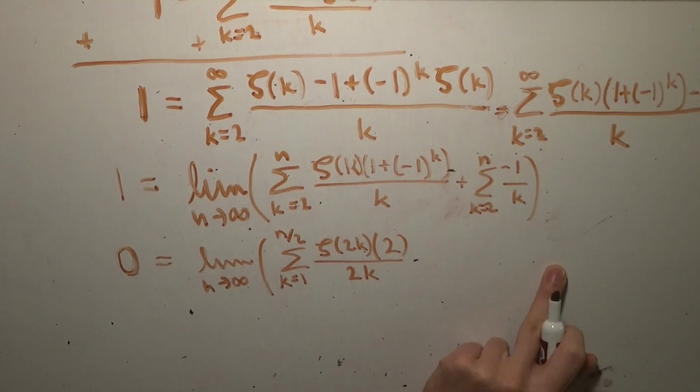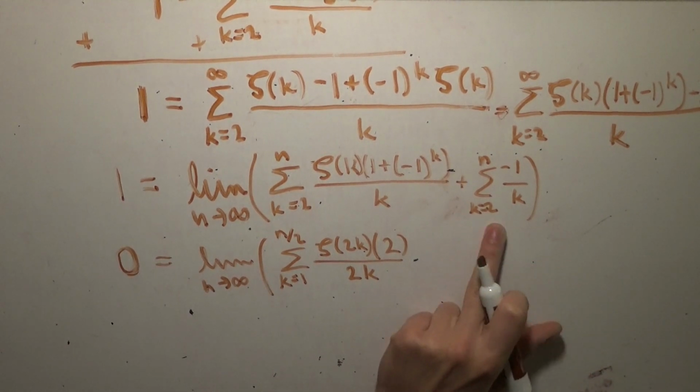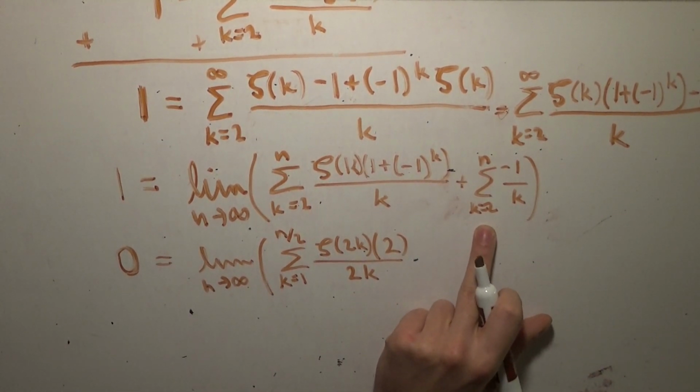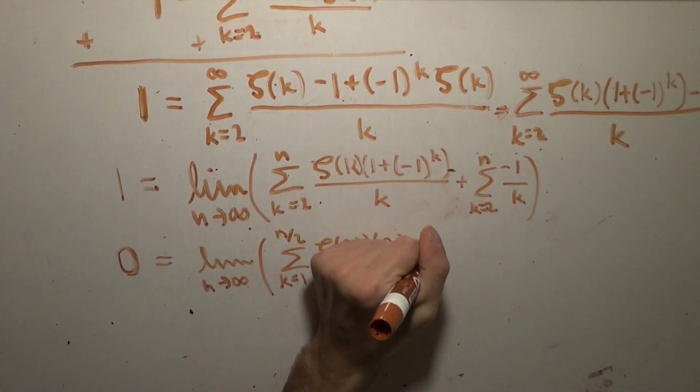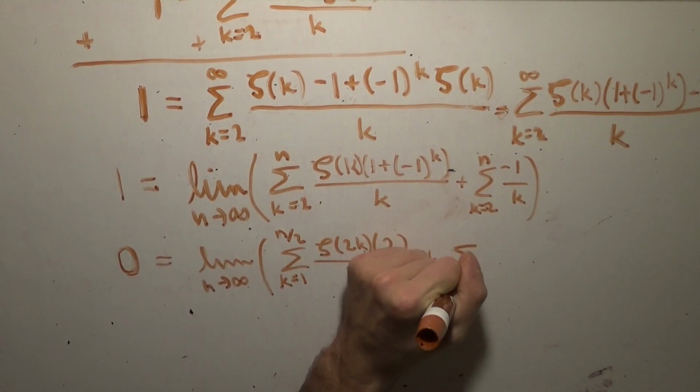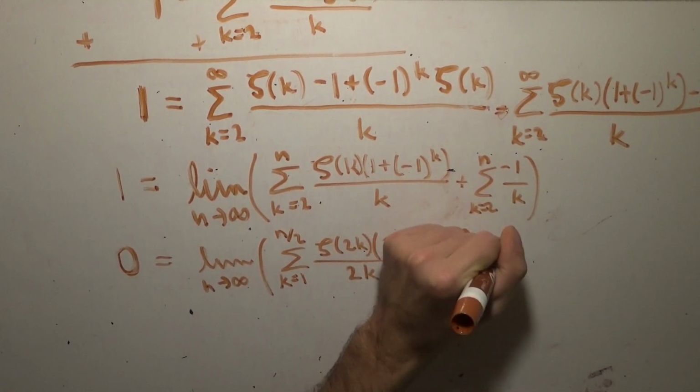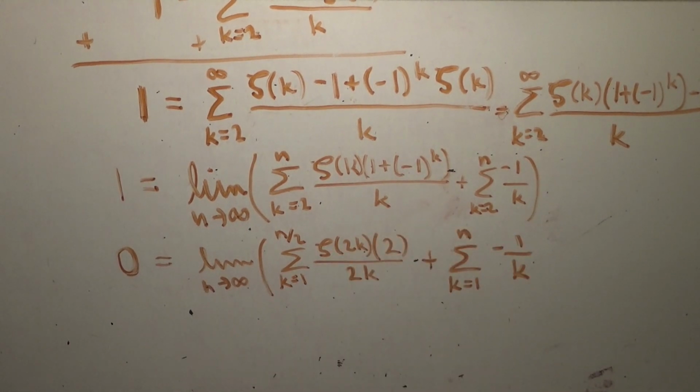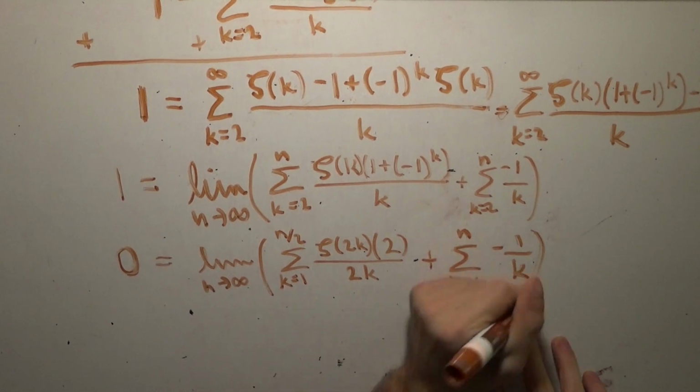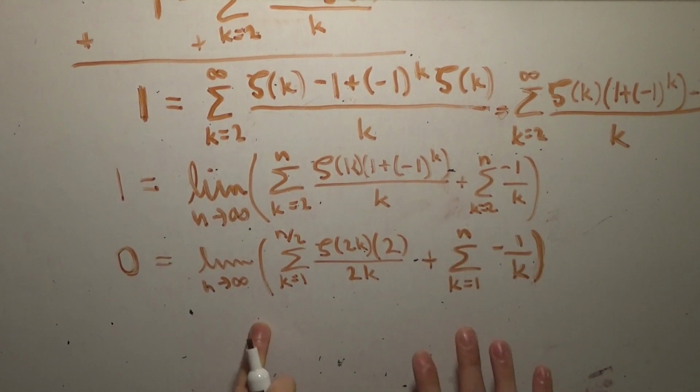If I subtract 1 over, that's like having negative 1, which is actually just the k equals 1 term of this series. So we can actually fill that in as though we were missing it all along. So now we can start this at k equals 1 to n of negative 1 over k. Right? But we can't really meaningfully combine these two series unless they have the same indices, right?